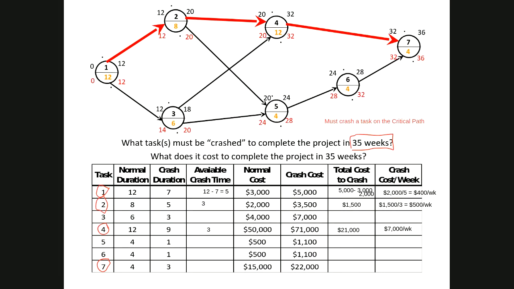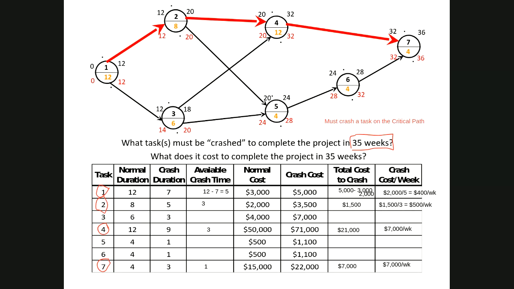And then finally, for task 7, it can only be crashed 1 week, and again, it'll cost 7,000 for that week, which is also another 7,000 per week to crash activity 7.